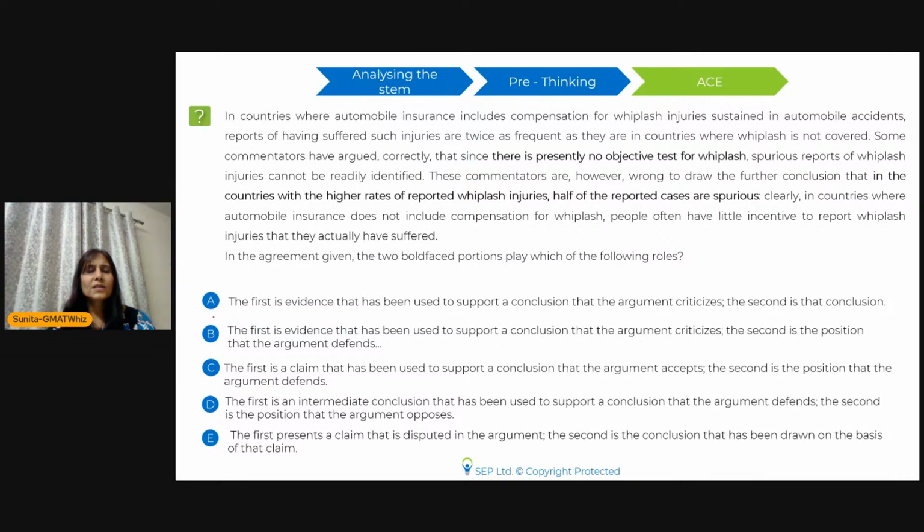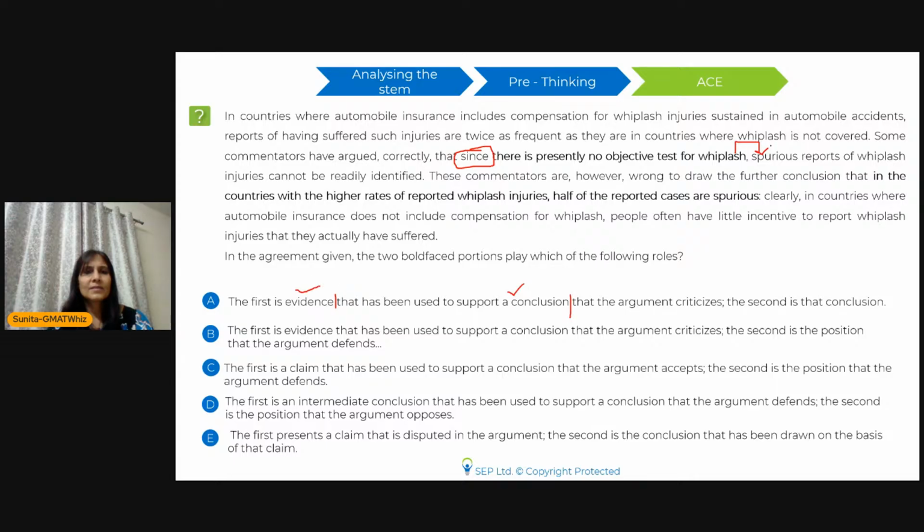The first is evidence. Now, can we call the first boldface evidence? Well, it is being presented as evidence to support this conclusion, right? So it is evidence.